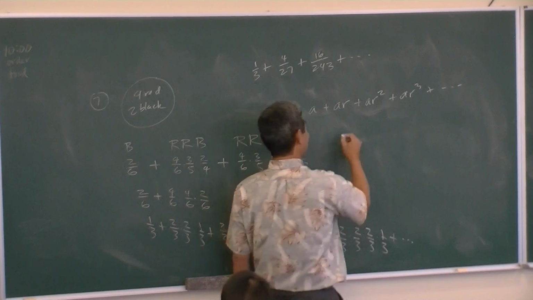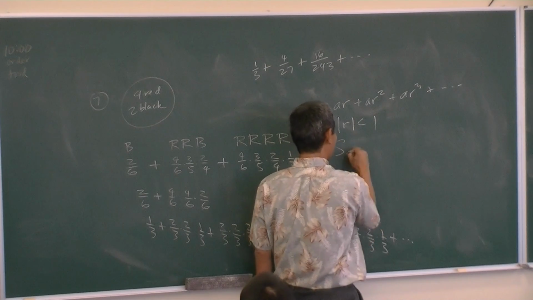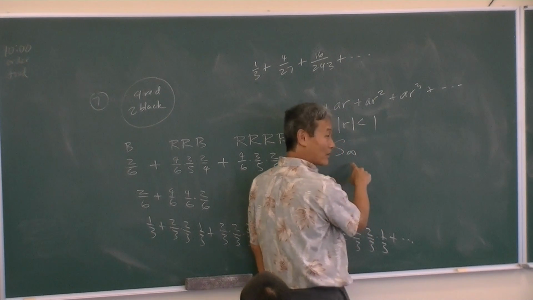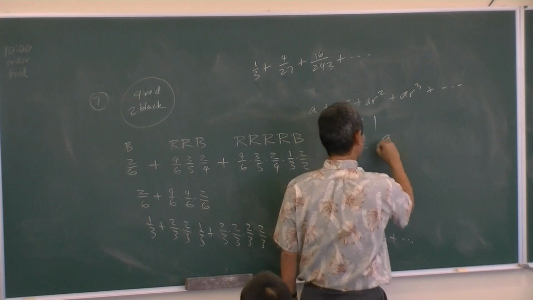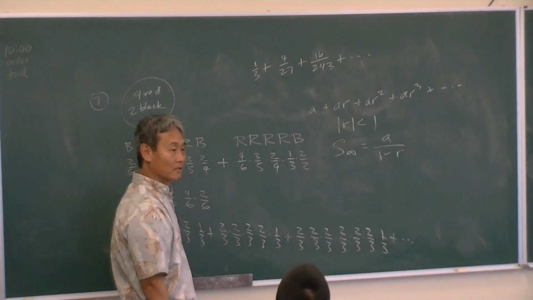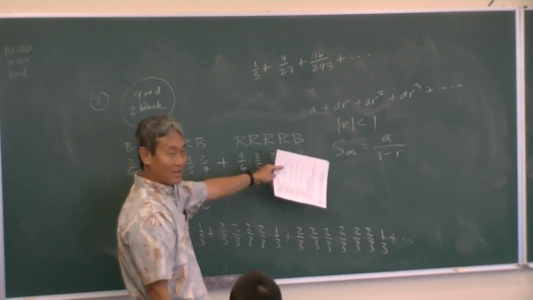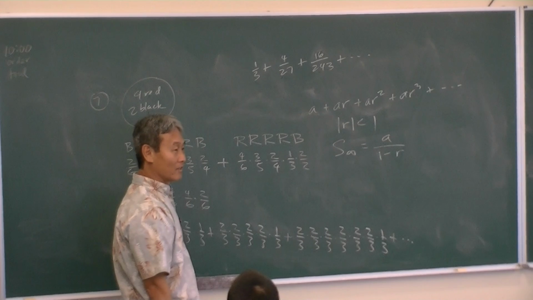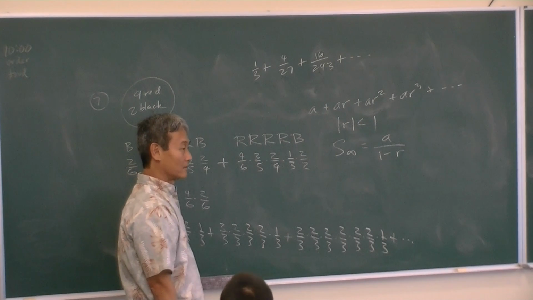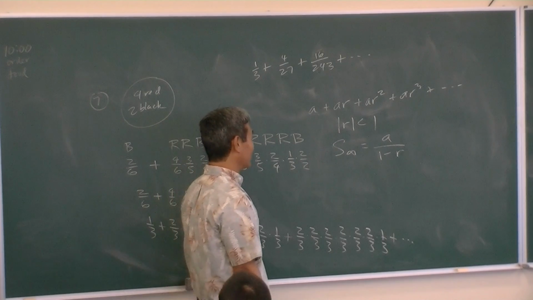Now we learned last year, if the absolute value of R is less than 1, then the sum of an infinite geometric series, I believe that's the way your book wrote it, is equal to the first term over 1 minus R. This is algebra. Every algebra 2 book ever written has that in it. Does that even look familiar? Well, it doesn't matter, right? Because I'm teaching it to you now.